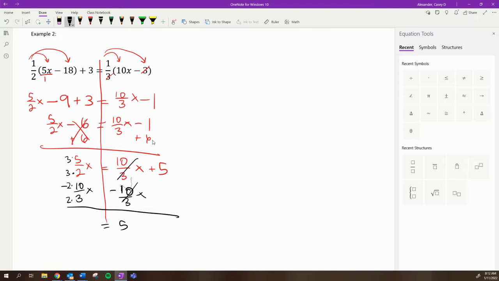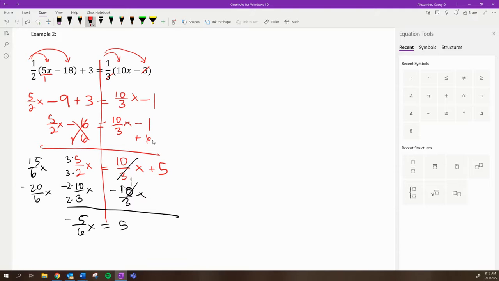And the reason I'm doing that is because it'll turn into 15/6 x minus 20/6 x. They have a common denominator, and then I just do 15 minus 20 is -5/6 x. Okay, so I had to find the common denominator and then subtract.